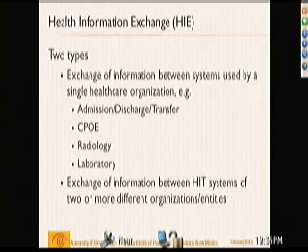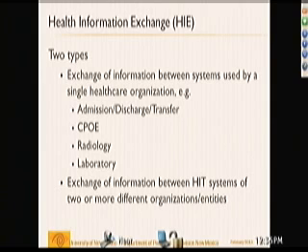So getting into health information exchange. Really all we're talking about is sending the information from one system to another. That might be within your own facility, or that might be between two facilities or two entities. So the first type is within your own organization.